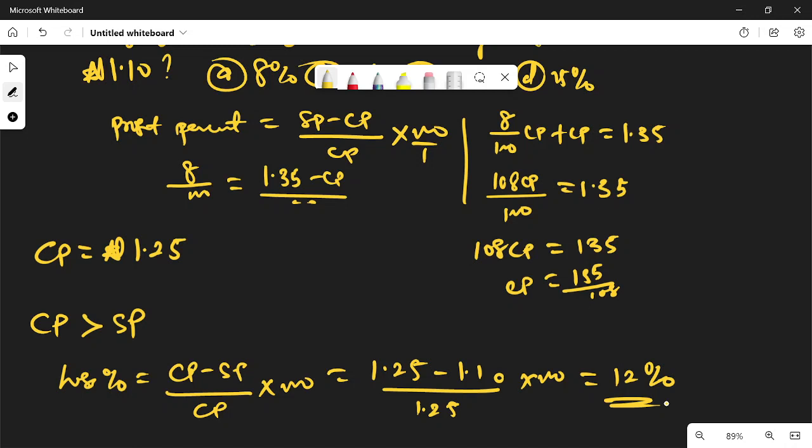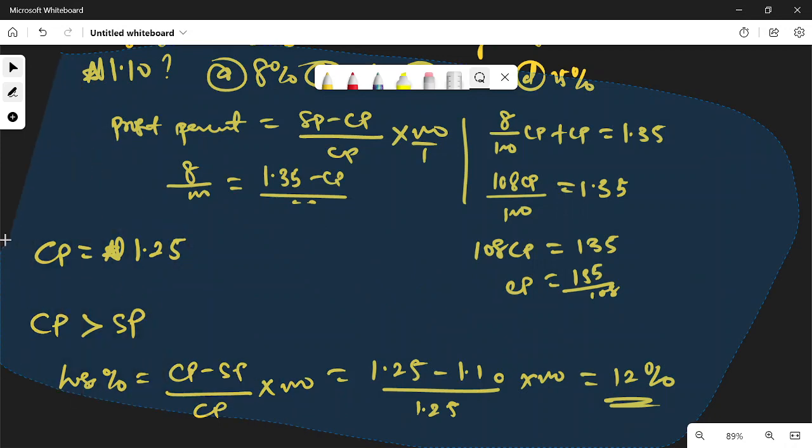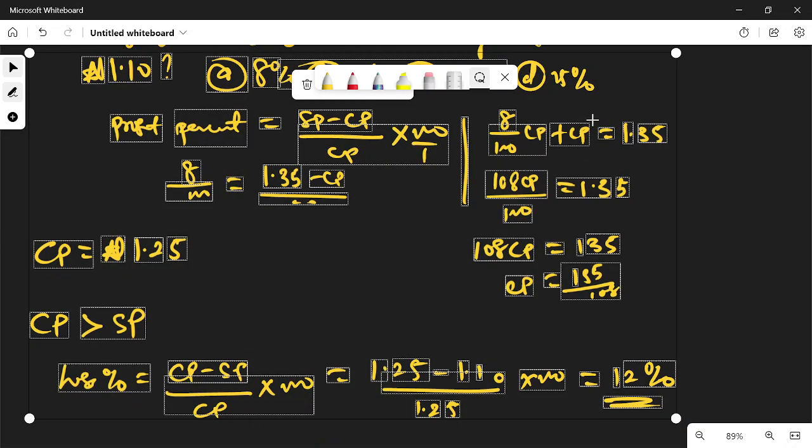So before we go to simple interest, let me first of all look at the issue of discount in sales. Then we'll now look at simple interest and then finish it up with percentage error.